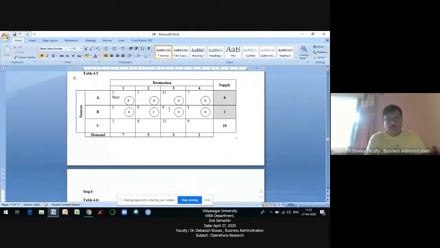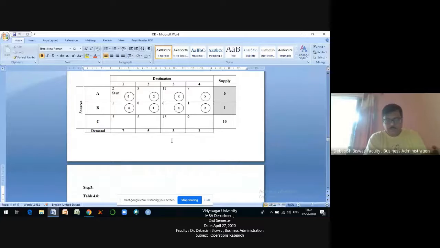So now we can move to the third table. I'm coming to the third table. So in the third table, second row will not be considered, as well as the first row will not be considered. So first row and second row, this will not be considered, right?